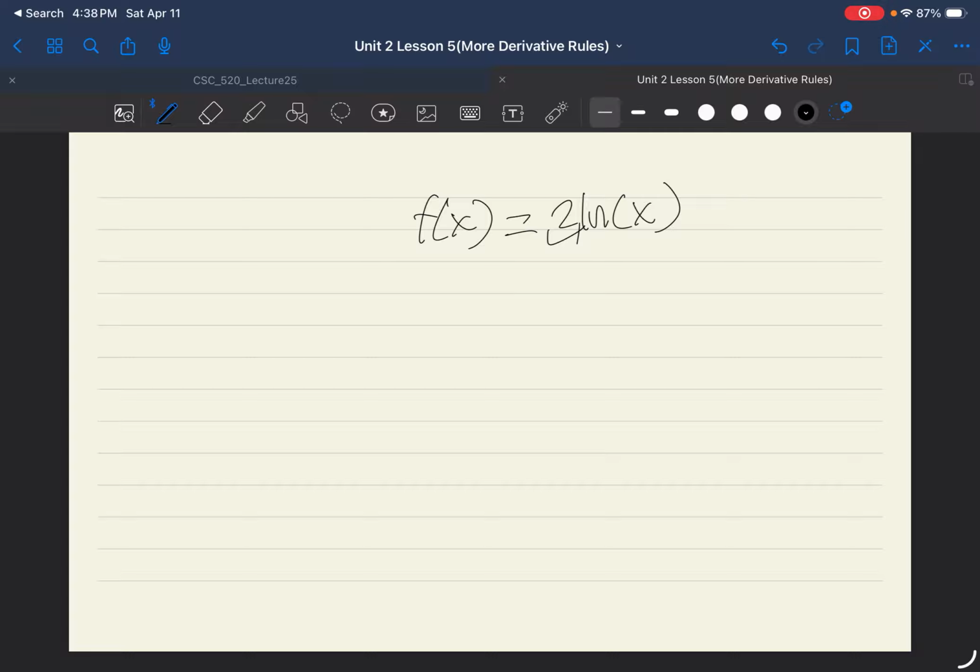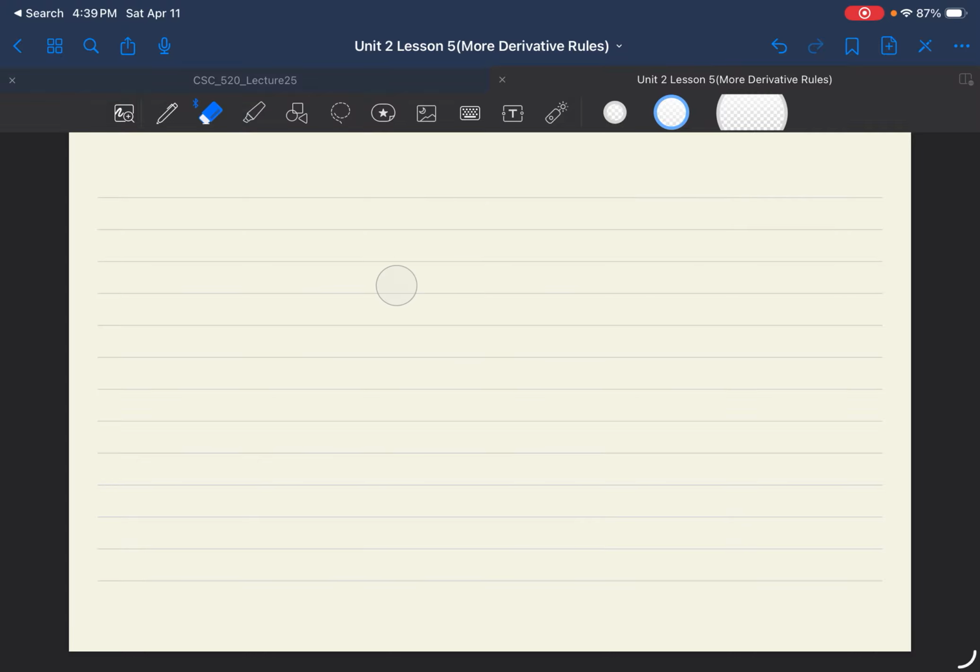Remember that you're never supposed to mess with this constant. So f prime of x will be equal to 2 over x. Remember that our constant always just stays away until the very end.